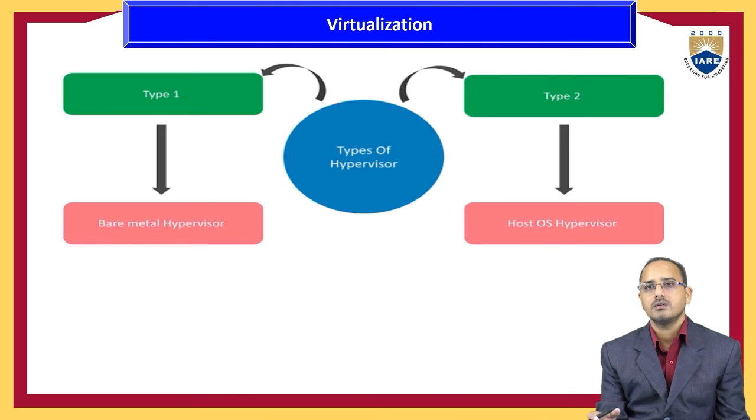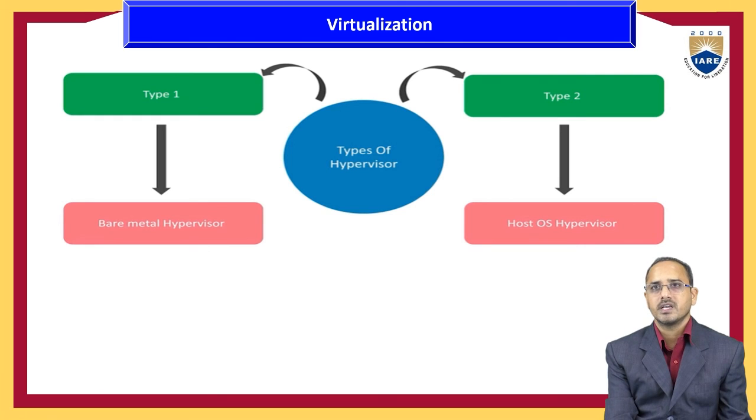And do remember the definition and how the hypervisor works. As we have said, it is specialized software installed on the host machine in order to create virtual machines. The machine on which the hypervisor is installed is called the host machine, and the virtual machines created from it are called guest machines.